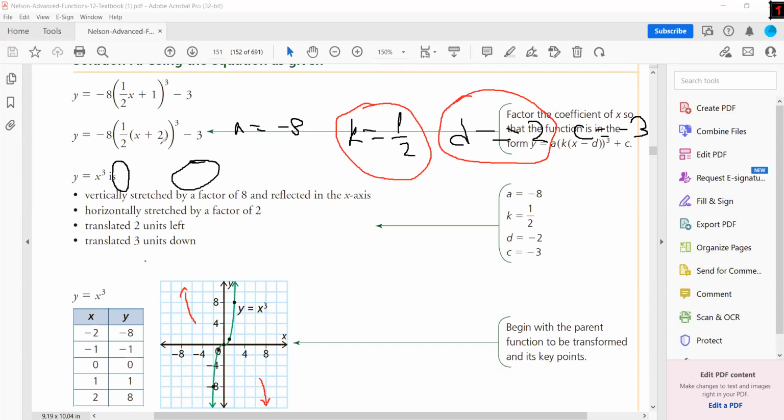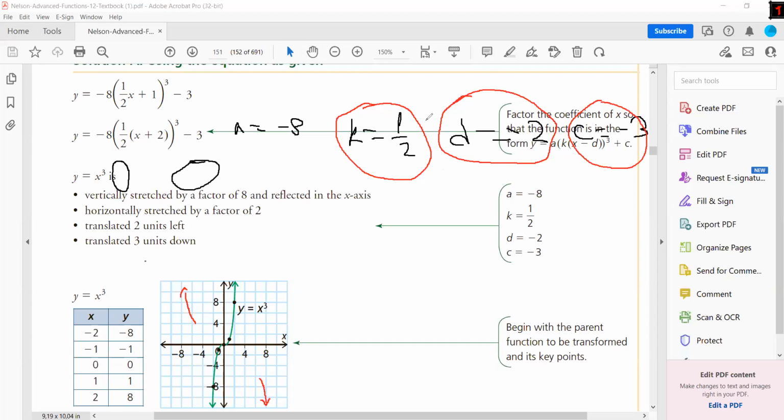Remember, d is the coefficient that affects the position of the graph along the x-axis, while c defines the translation of a graph along the y-axis.